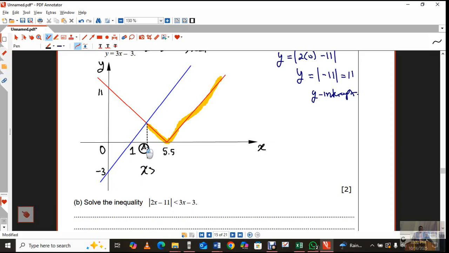Let me say that is 0.8, x should be greater than 0.8. That is the answer that I'm expecting here in this case.